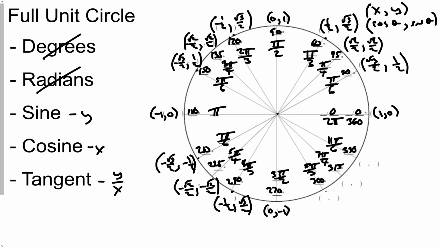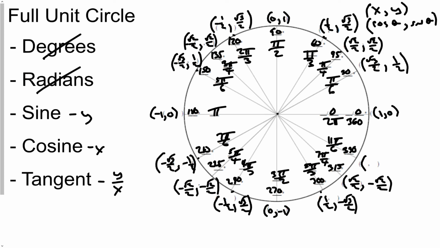Over here, reflect it down, right? So this would be a positive 1/2, because x coordinate is positive, a negative radical 3 over 2, because we're going down, right? And then down, and everything else follows along.